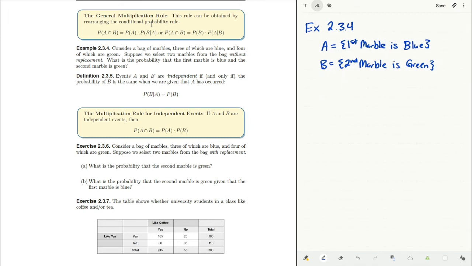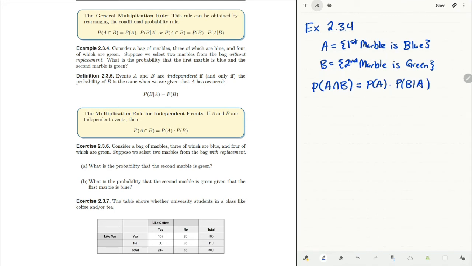So we're looking for the probability that the first marble is blue and the second marble is green. So this is the probability of A and B. So to find this probability, we use the general multiplication rule, which is the probability of A times the probability of B given A.